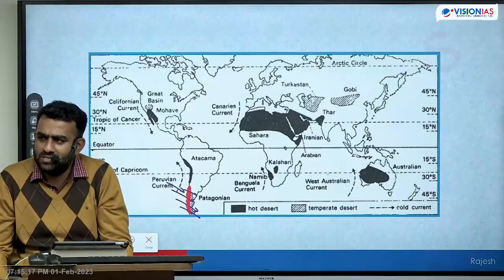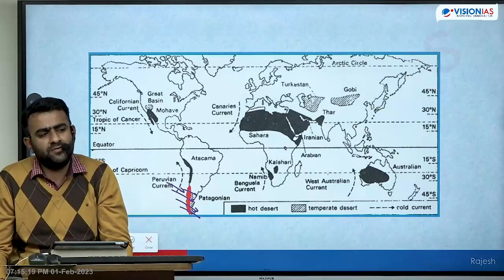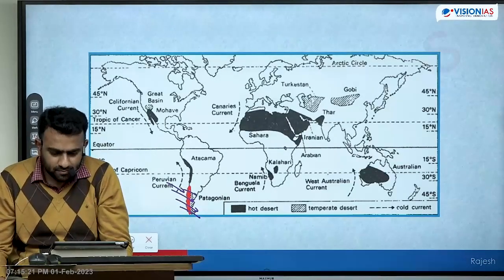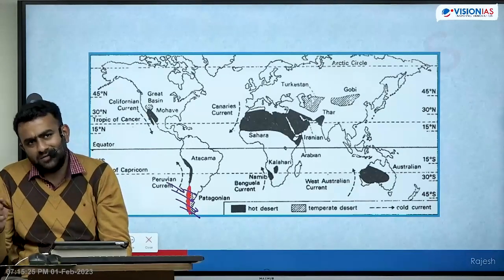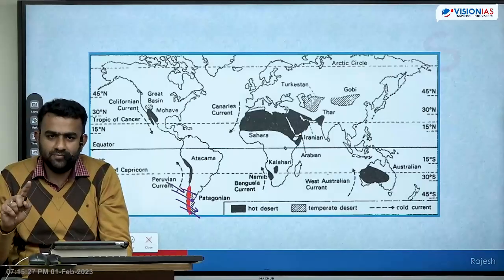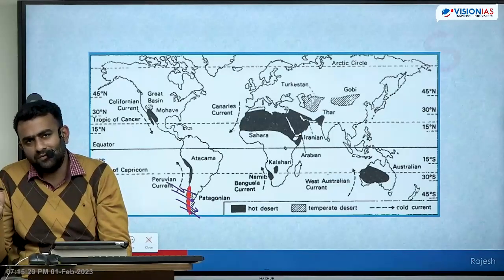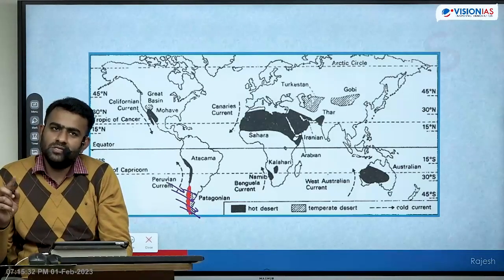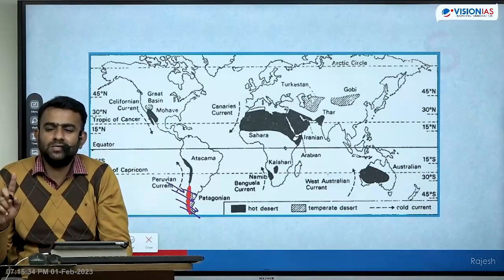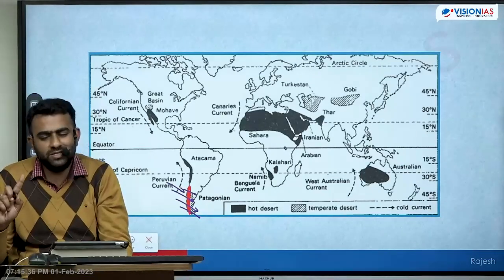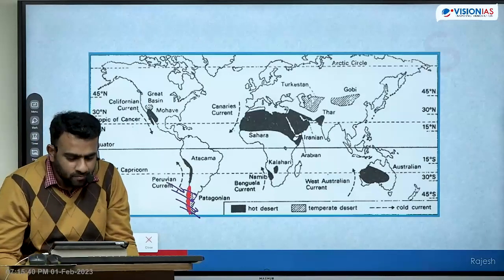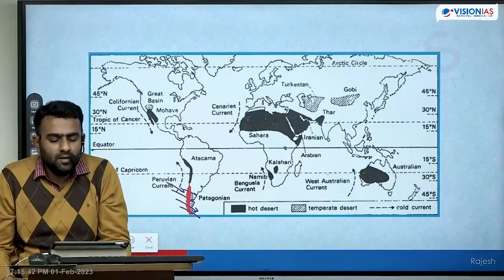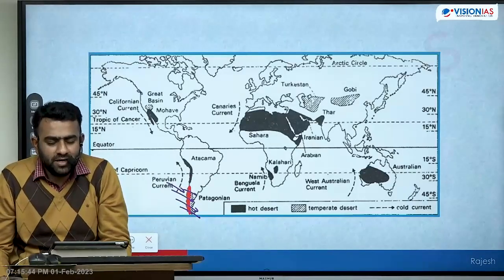It will be called a desert if the precipitation is less than 25 centimeters per annum. 25 to 70 is grasslands, 70 to 100 is dry deciduous, 100 to 200 is moist deciduous, above 200 is evergreen vegetation. Next point, high diurnal range of temperature.